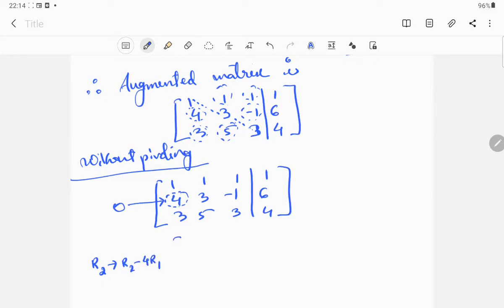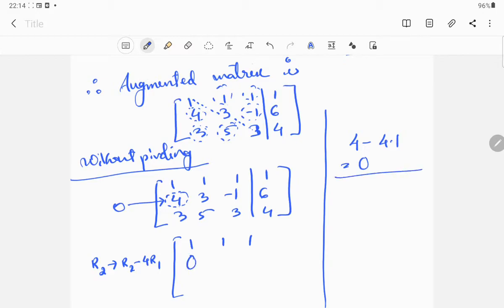If you do that, 1 1 1 stays. The first entry, 4 minus 4 times 1, is equal to 0. Next, for this one, R2 minus 4 R1.